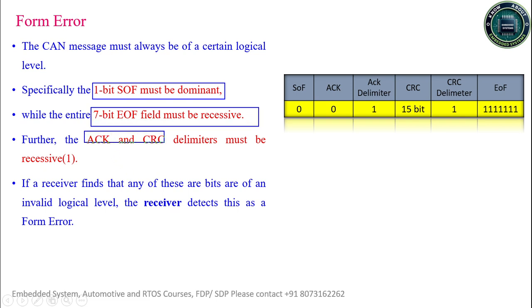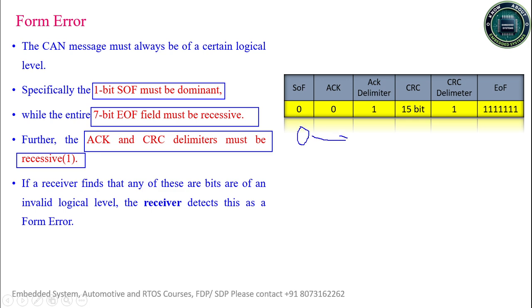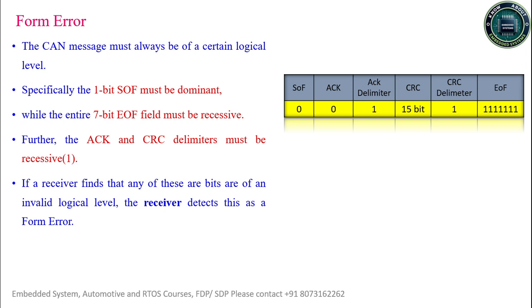Then the acknowledgement and CRC delimiters should be recessive, that means logical 1. If there is any deviation in these fields, if instead of 0 for start of frame you get 1, then that is called a form error. For the CRC delimiter, instead of 1, if it gets 0, then this is also called a form error. Okay, so I hope you are clear now.